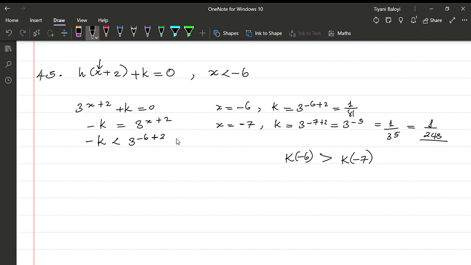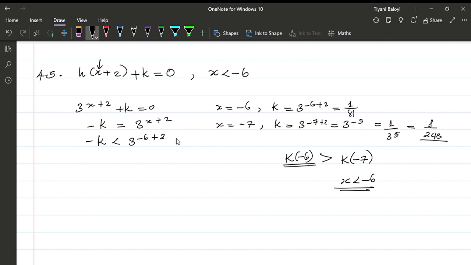And when we have values that are less than -6, k values just keep dropping and dropping. So the value at -6, when we have values less than -6, then your k values become smaller and smaller. That's why we have that k is less than 3 to the power -6 plus 2, right?